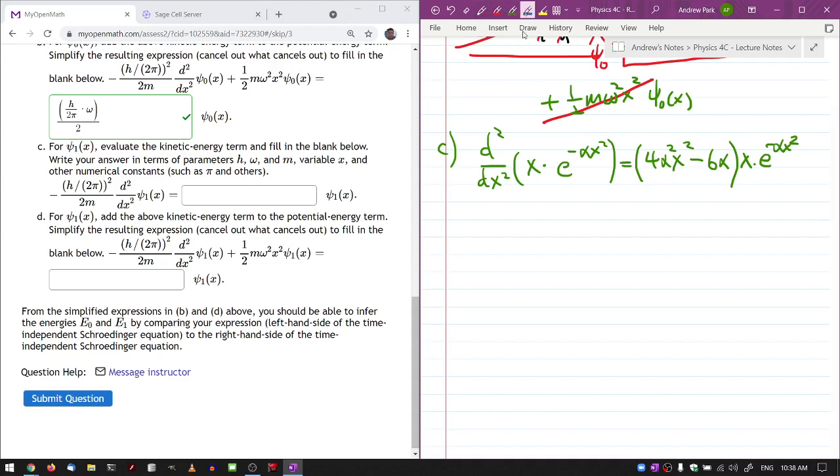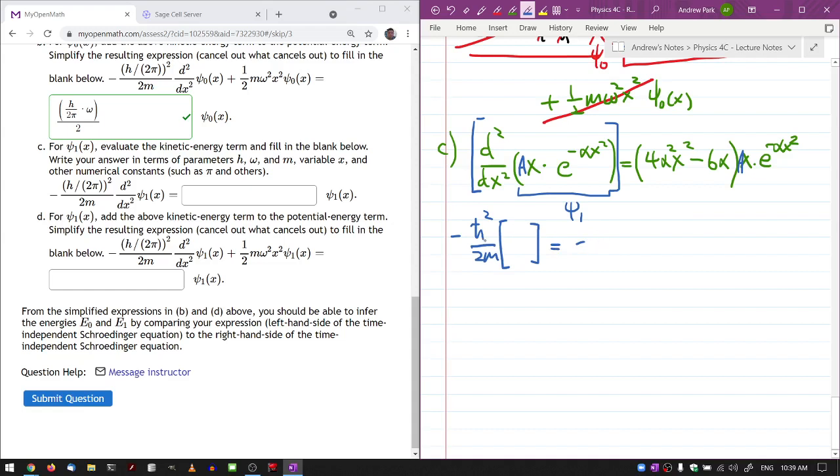So I have minus h bar squared over 2m times this thing, more or less, without the a there. But this whole thing is my psi 1. So when I do that, what it's going to end up being is minus.